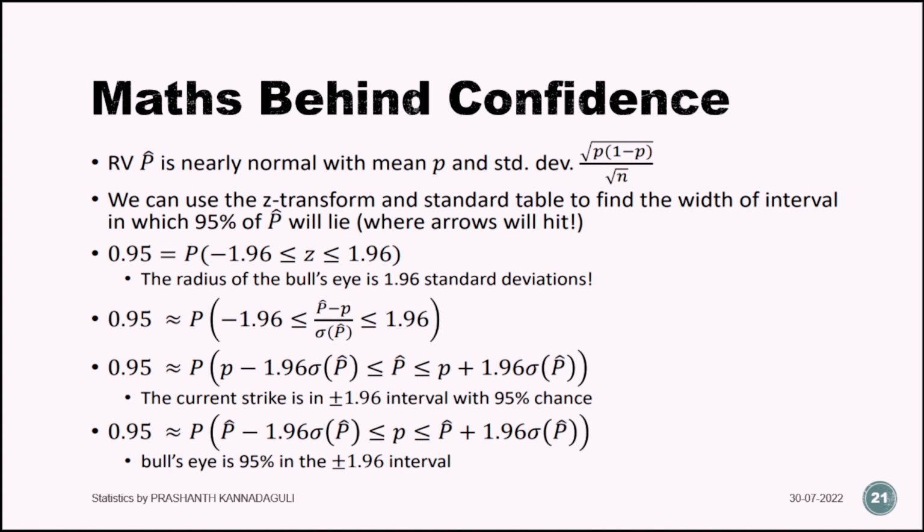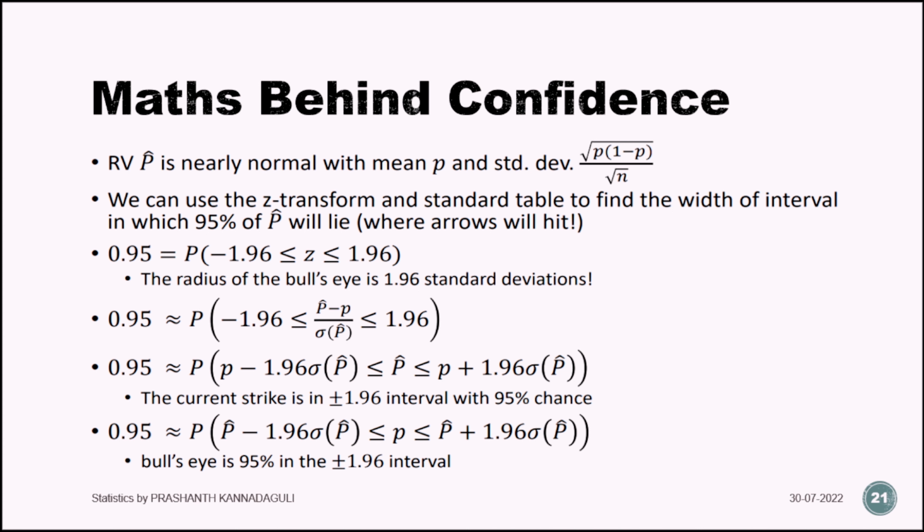Okay, that's fine, but I still have no clue about P, correct? Where the P lies. I want to calculate the P. As I earlier mentioned, I may not be able to guess the exact value of P because of this P cap.